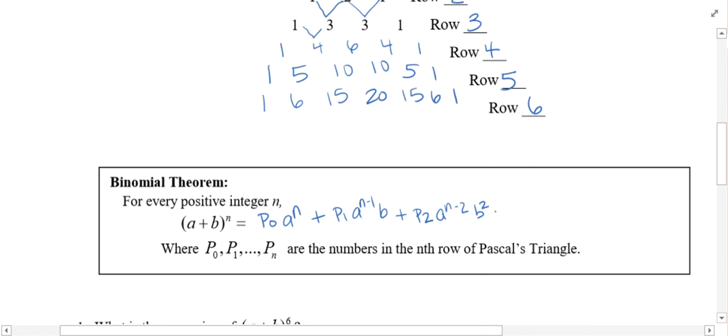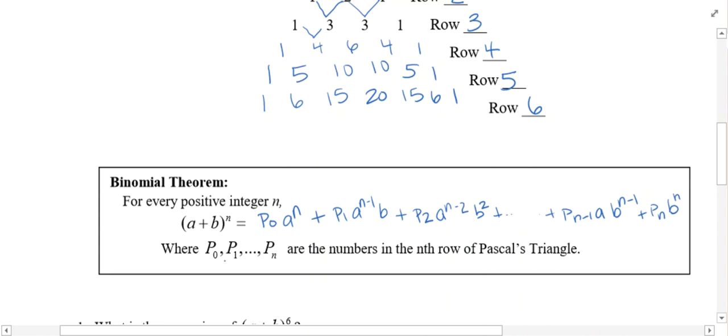Are you starting to notice the pattern with your coefficients? I'll keep going as we go lower. We have p sub n minus 1 times a times b to the n minus 1, plus p sub n times b to the n.